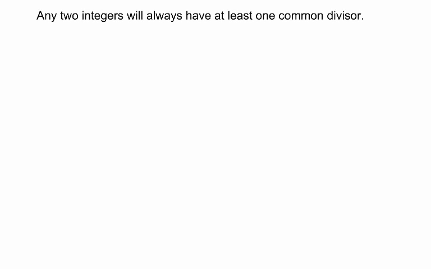The last thing I'd like to mention is that any two integers will always have at least one common divisor. Those pairs of numbers which have only one common divisor are called relatively prime. Relatively prime integers have a GCD of 1.